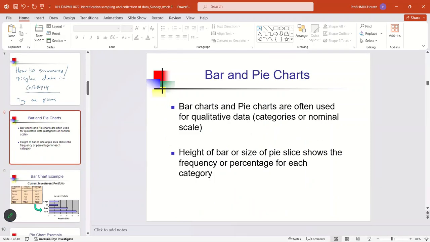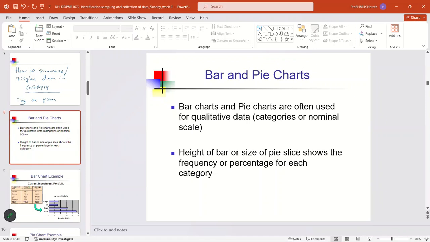The first type of graph that I'm going to introduce is bar and pie charts. Bar and pie charts are often used for qualitative data, the categorical data, or the data in nominal scale. The height of the bar or size of the pie slice shows the frequency or percentage of each category.